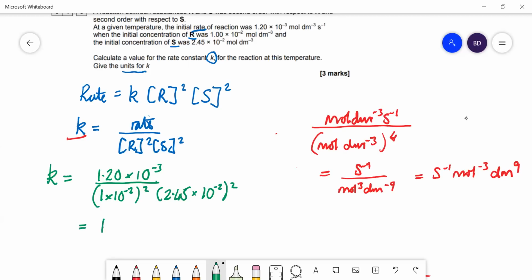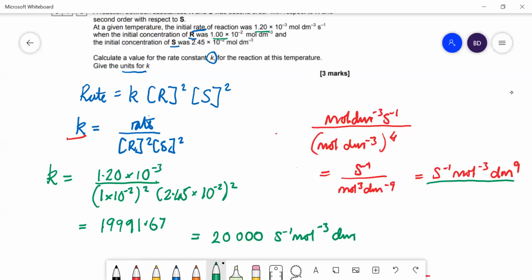Work all of that out, you get 1,991.67. Now, we should give it to 3 significant figures because all our data is given to 3 significant figures. So that becomes 20,000. And the units are per second mole to the minus 3 dm to the 9.